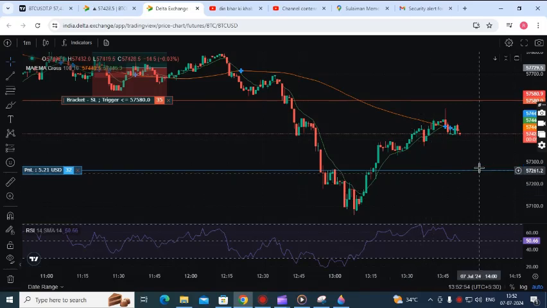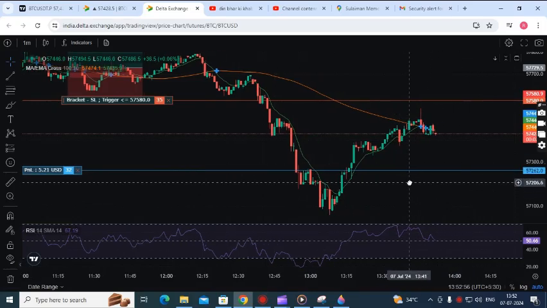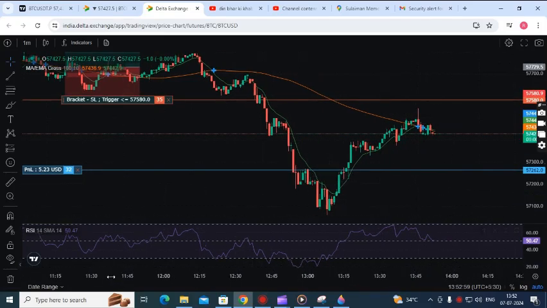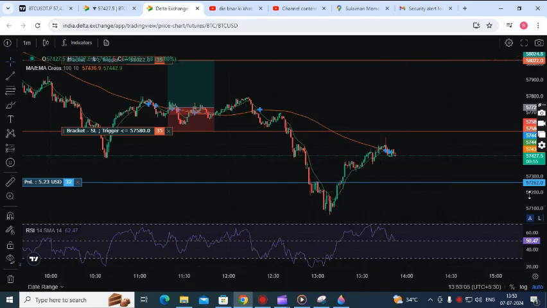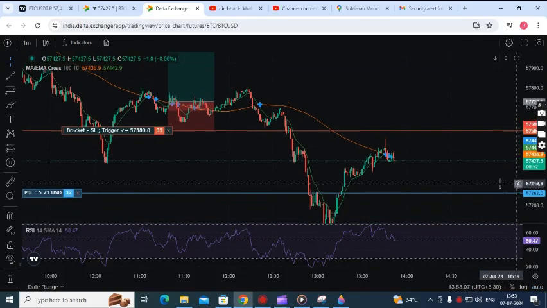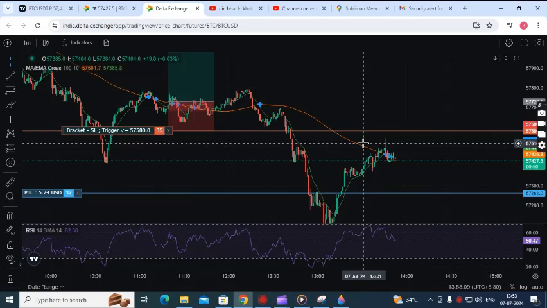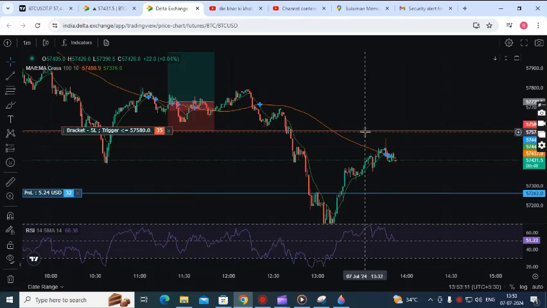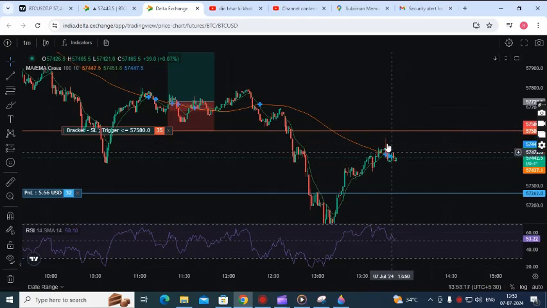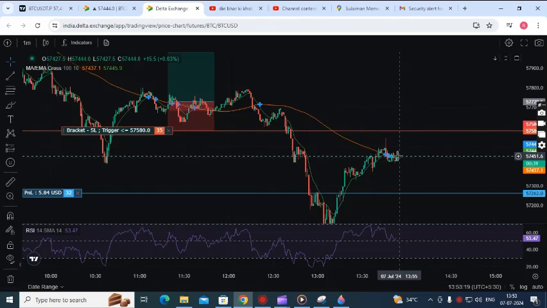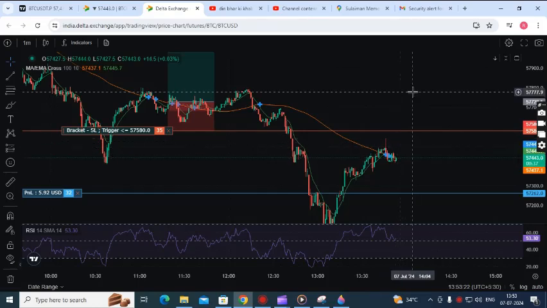So this was one of the trades I have taken in my actual trading account with some amount. So here I think it is taking rejection from the 100 simple moving average. But as it is spending more and more time here, I believe it will go up.